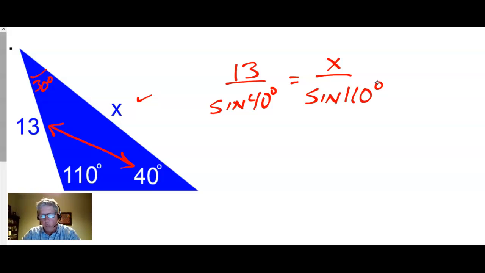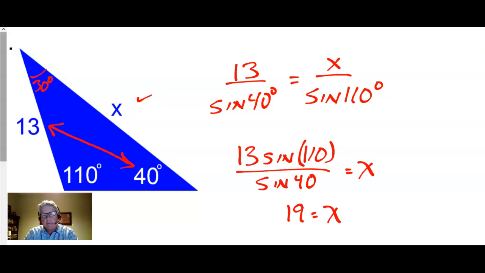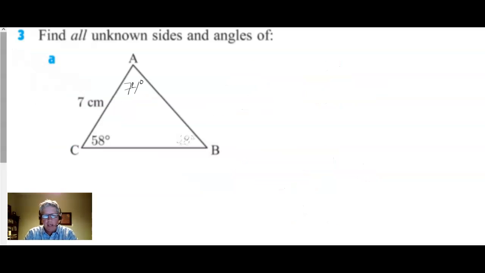In fact, would you go ahead right now and solve this for x? Oh, the magic of video. Look at that. So I multiplied both sides by the sine of 110. I plugged that in my calculator, got a totally weird answer, negative. I then realized I was in radian, so I changed it to degree mode, and guess who got the right answer? 19, baby. So not too tough.